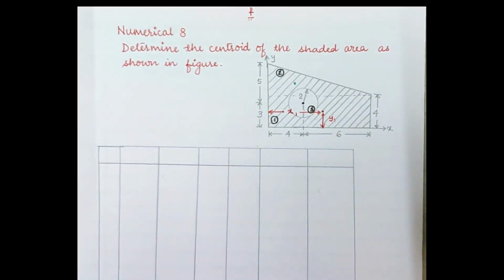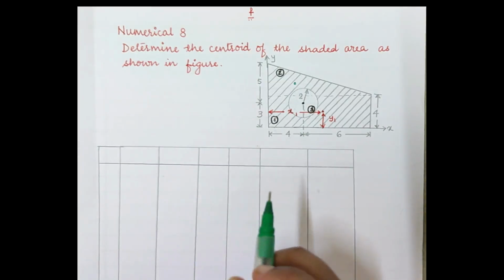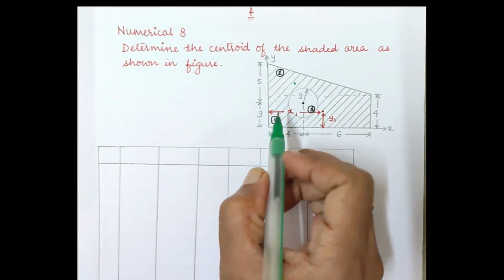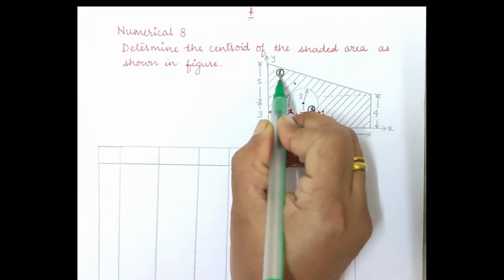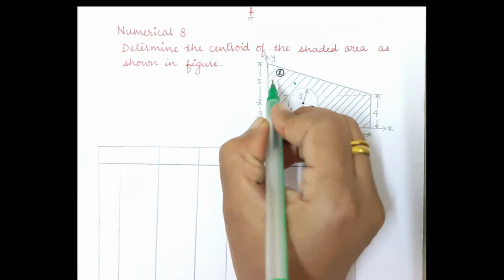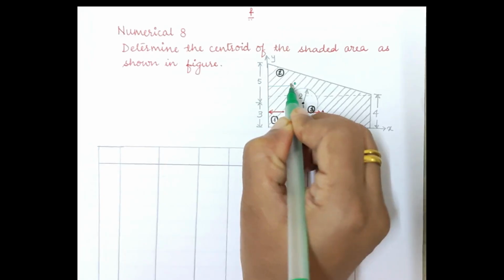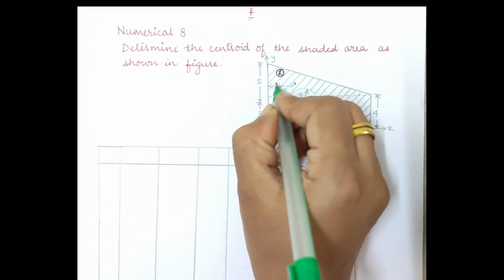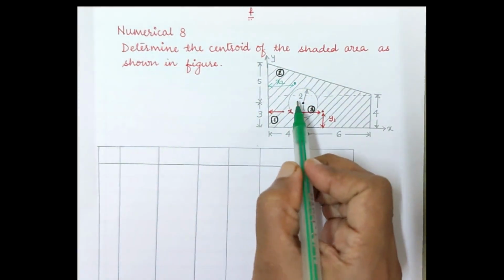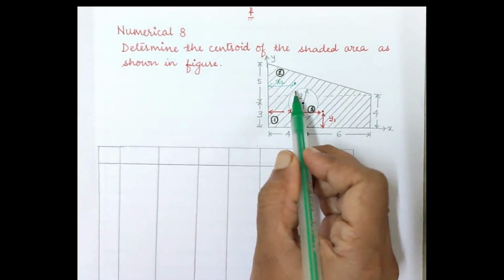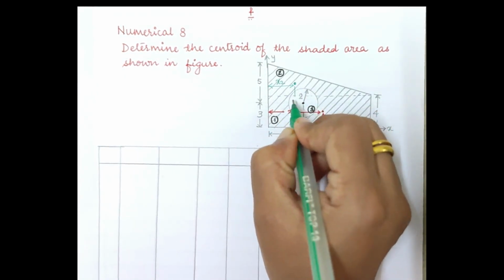We have to note that for every figure that we take, the coordinates have to be taken from the axis itself. So, for the second figure, this dimension will be x2, while the dimension from the x-axis upward will be y2.